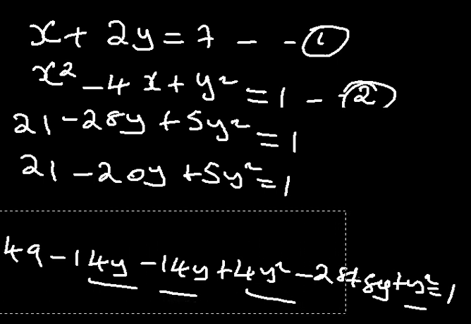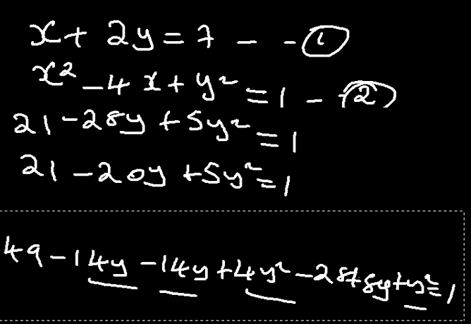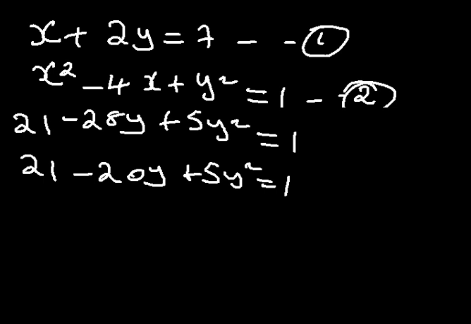So be careful with the calculations. You may end up missing some important values. Now we'll transfer 1 to the other side, and also rearrange because the nature of the equation is quadratic.